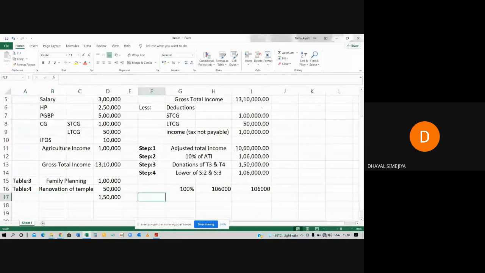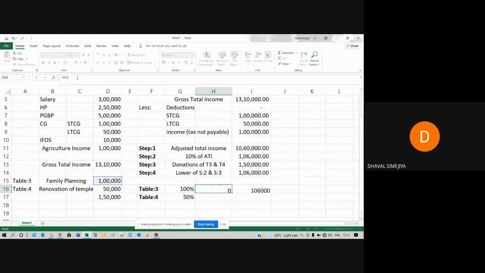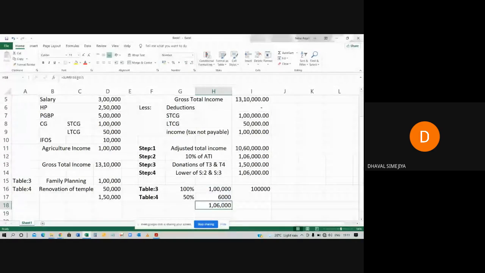So I will write down like this: table number 3 donation 100%, table number 4 donation 50%. Here I will consider 1 lakh rupees first, so 100% deduction available. Here only 6,000 rupees are left with me, because I am allowed only 1,06,000.